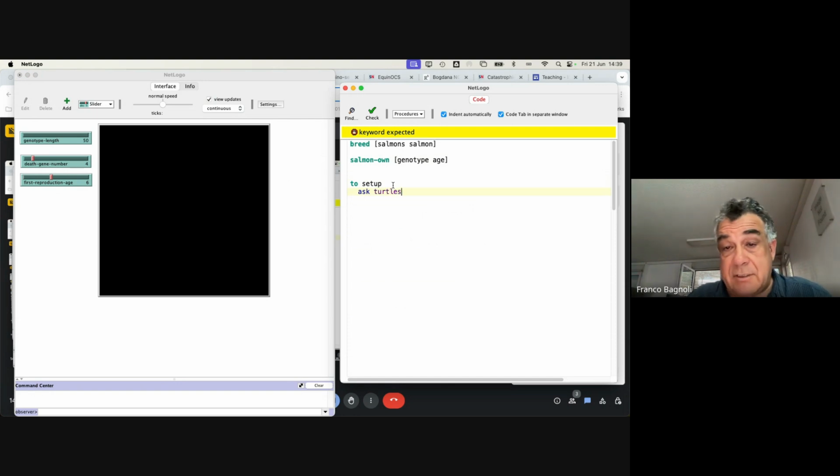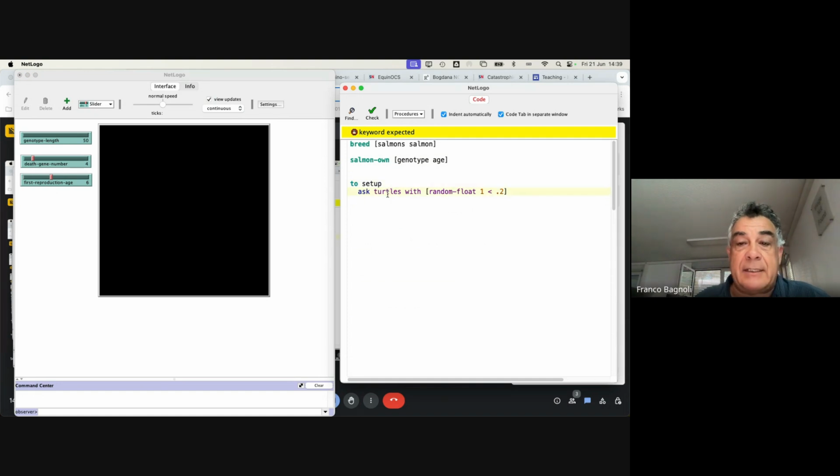We can also have just a few of them. Turtles, say, with random float 1 less than, say, 0.2. So it is about 0.2 of turtles.